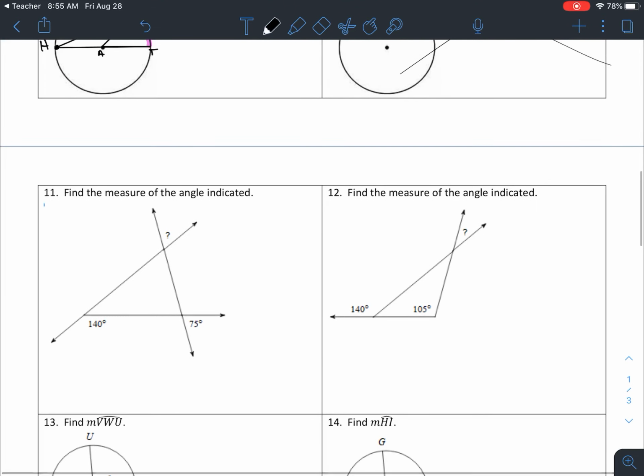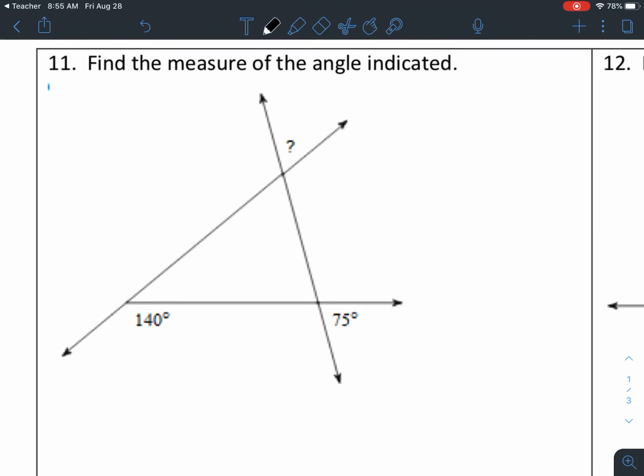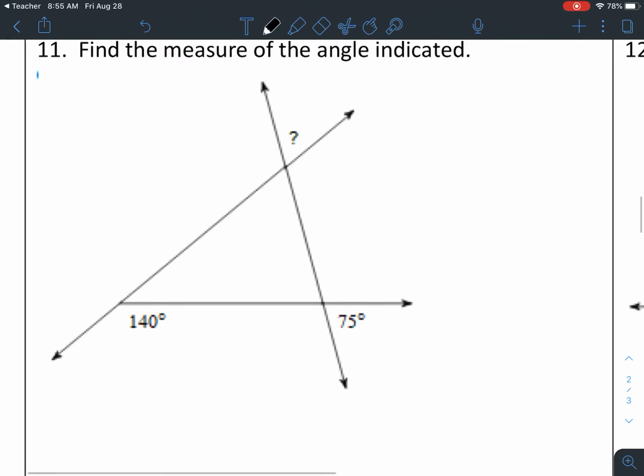Now, I want us to do a couple of these measurements, only because we haven't talked about it yet. So now, when we talk about a triangle, the measure of a triangle, the inside angles, like this, have to equal 300, or I'm sorry, inside angles have to equal 180 degrees.